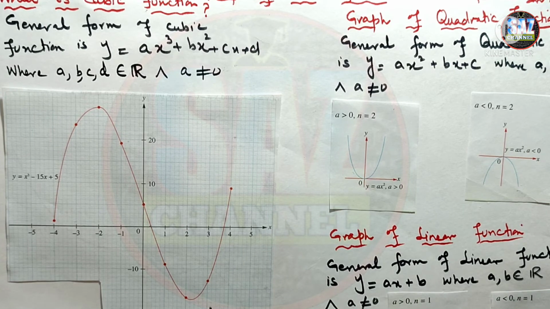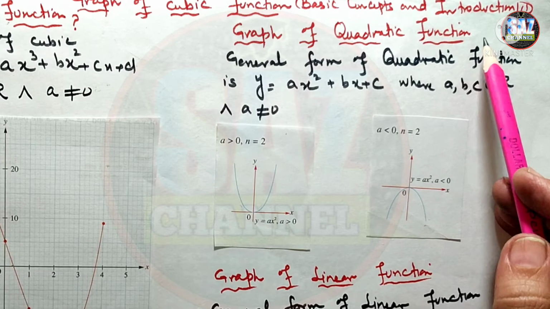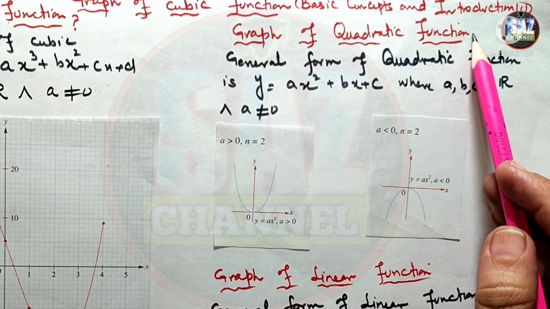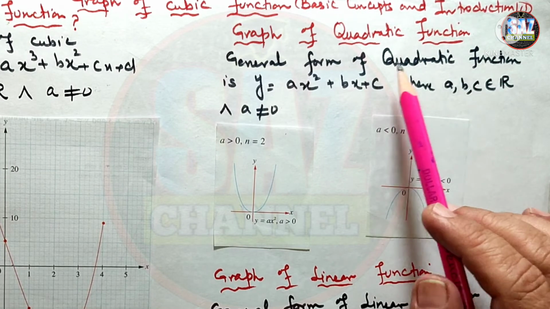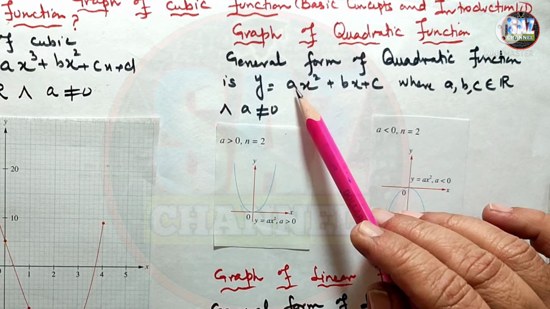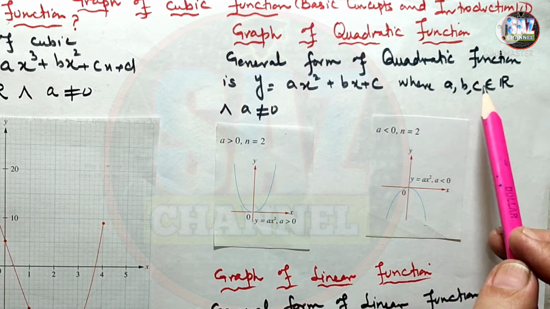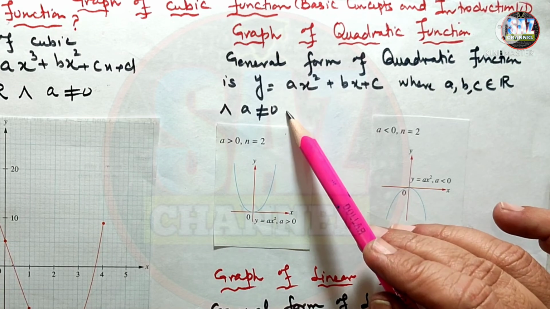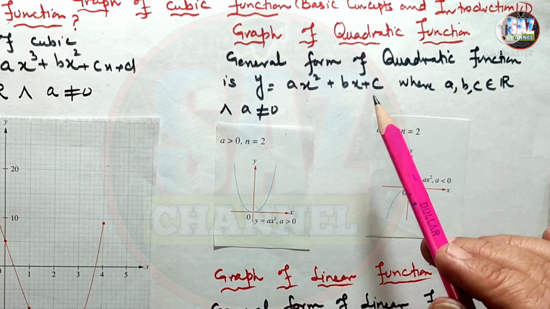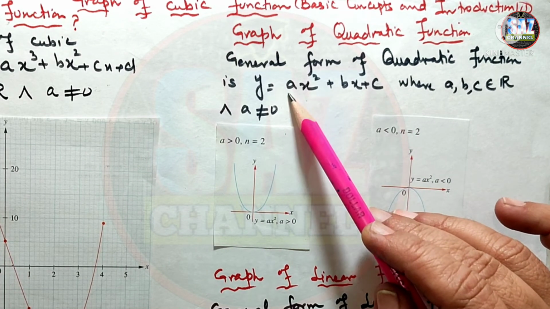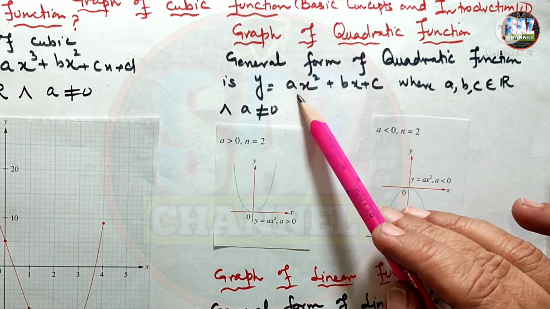so that you can get this trend. Coming to the quadratic function, what is the quadratic function? The general form of the quadratic function is y equals ax squared plus bx plus c, where a, b, c are real numbers and again a should not be equal to 0. Why should a not be equal to 0? a is the coefficient of the square term.